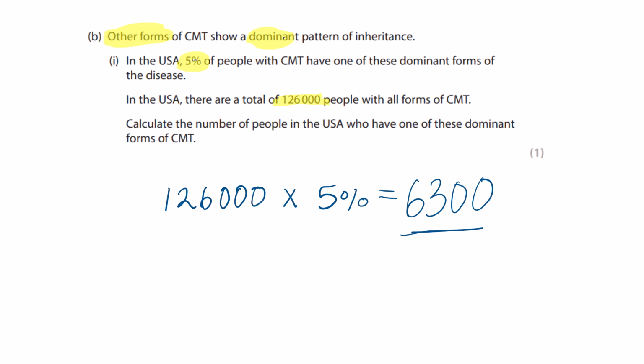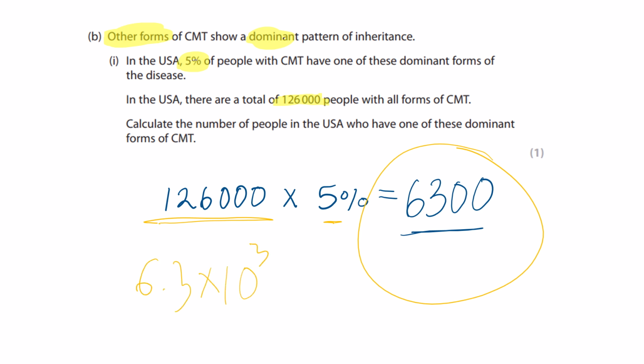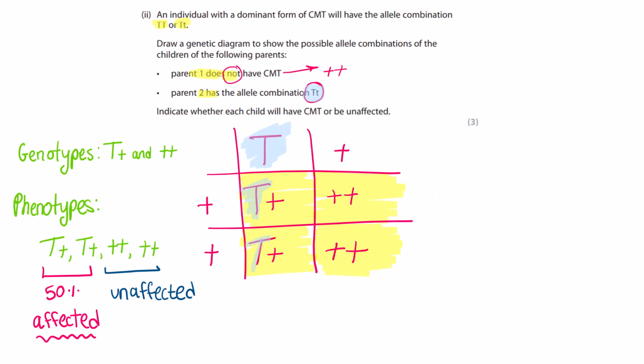So we're just going to want to find 5% of 126,000, which gives us 6,300. You can also write that in standard form, which is going to be 6.3 times 10 to the power of 3, because we have 1, 2, 3 places moved from the decimal point. So 3 over here.